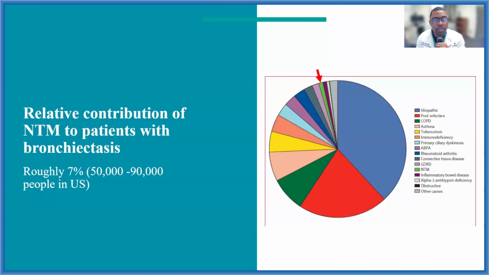Well, of patients with bronchiectasis, how many have NTM? This survey suggests that about 7%. You can see here where my red arrow sits, that's a small slice of the patients with bronchiectasis. That's important because it has bearing on why we have this clinic.